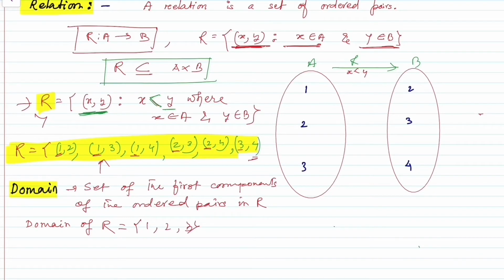And the set of the second components is called the range.